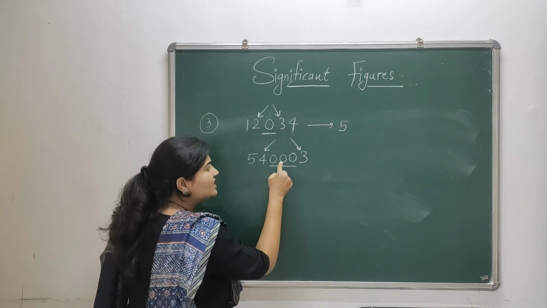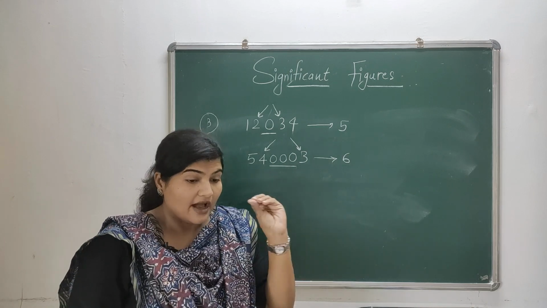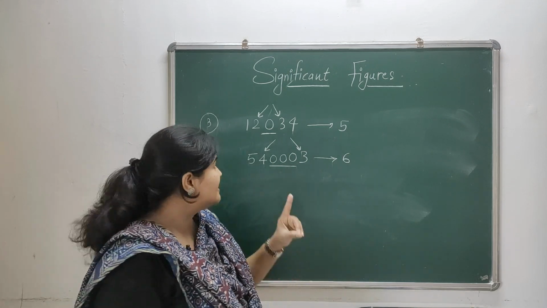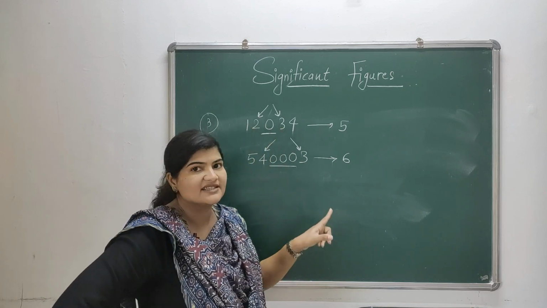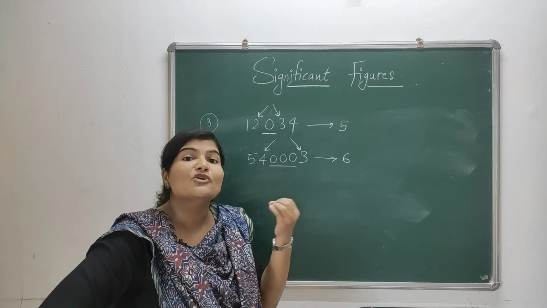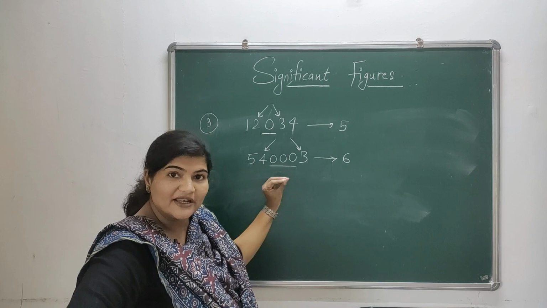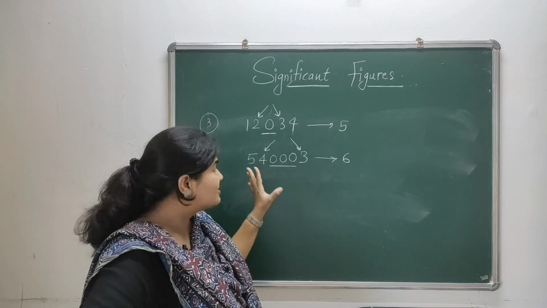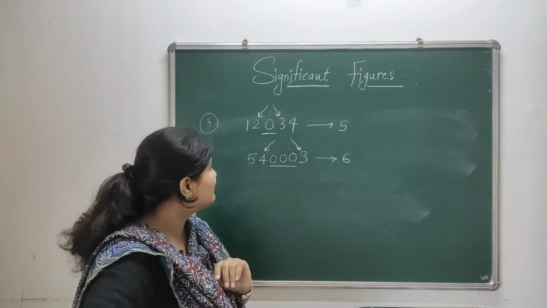Here 1, 2, 3, 4, 5 and 6. So 6 significant figures. So about zeros, the first rule is that the zeros placed between two non-zero digits are significant. Why? Because these zeros actually indicate some quantity in place. So they are significant, and we are going to count them when counting the significant figures.